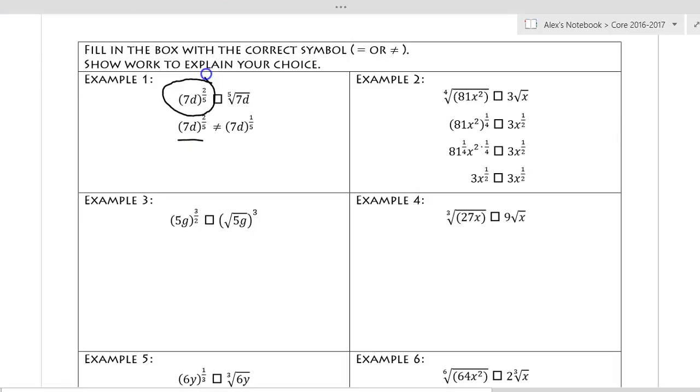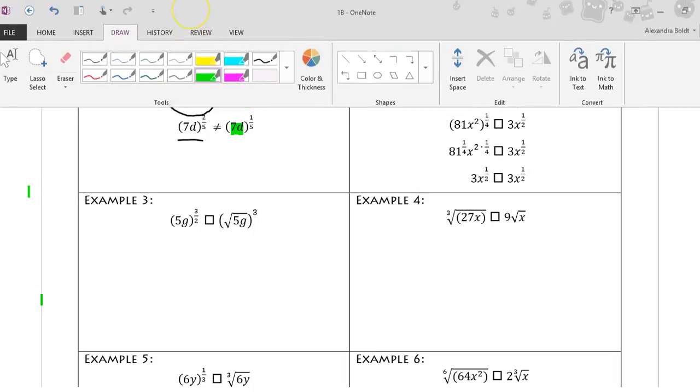On the right side, I have to first decide what my base is. My base is 7d. So remember, your base is what's being raised to the power. Since both the 7 and the d are underneath that radical, they both have to go in parentheses.